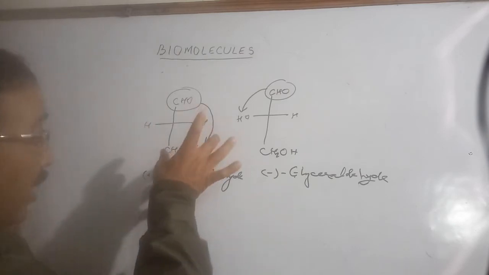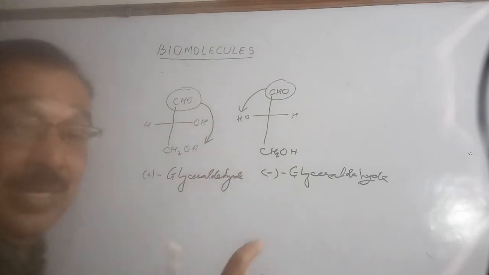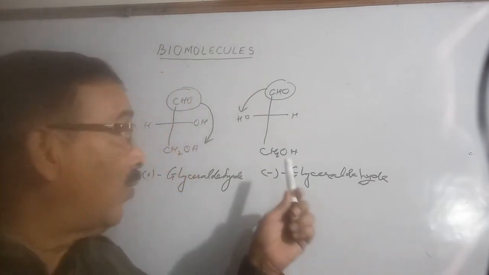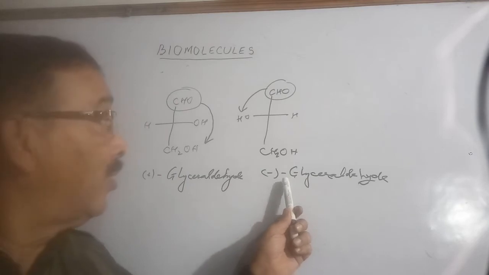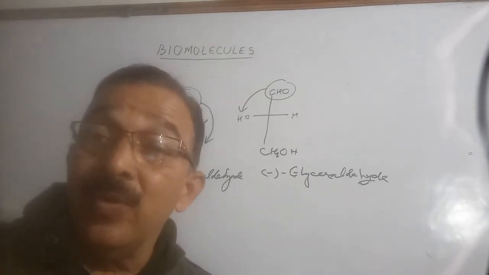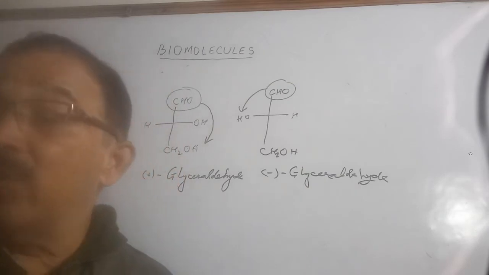When it is correlated with plus glyceraldehyde, then the configuration is D, and when it is correlated to minus glyceraldehyde, then the configuration is L.